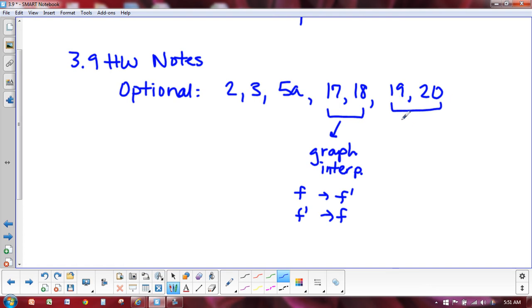So yes, it's optional, but all of these things you really need for the midterm and your next test because it's cumulative. So I would do as much as you're able to do.